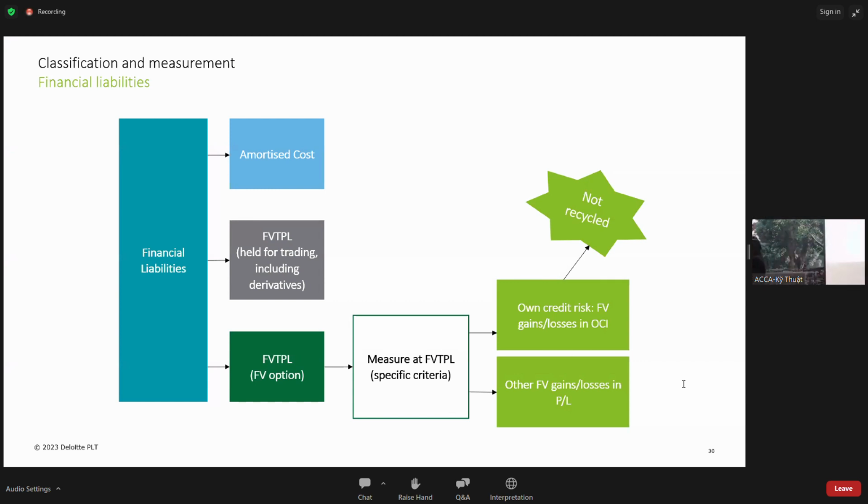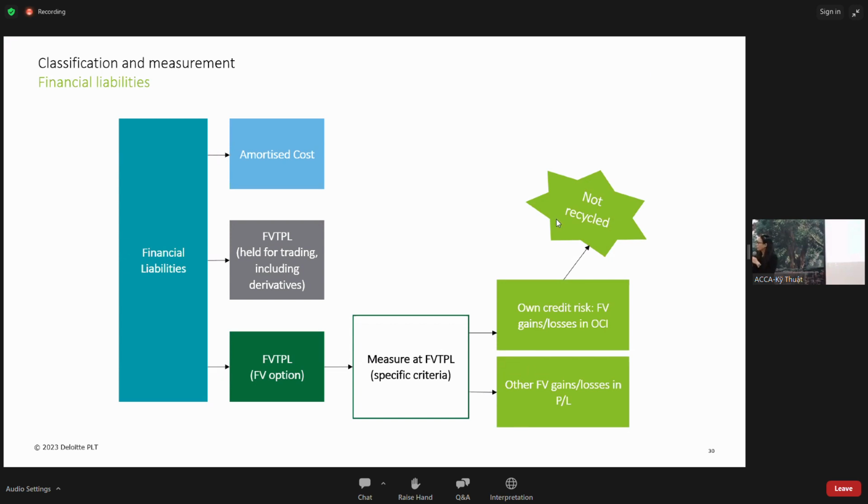Then if you want to initially designate at fair value to P&L, similarly like financial assets, you can do so, okay? So you either designate it, or if you're trading, fair value to P&L. Everything else becomes amortized cost.